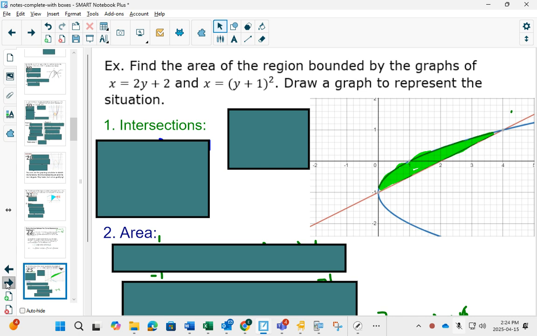So instead of finding the area from 0 to 4, I'm now thinking about finding the area from -1 up to 1 along my y-axis. It's kind of like you're taking your graph and you could flip it and then put it the other way.